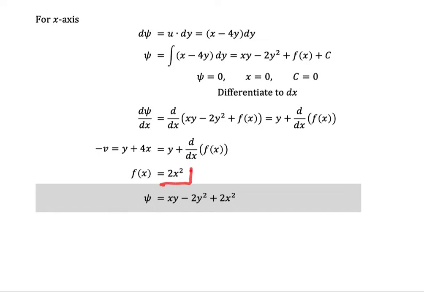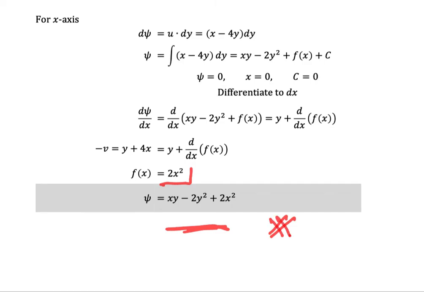And then we could complete the equation as you could see from the slide here. So psi is equal to xy minus 2y squared plus 2x squared. This is the stream function for only one streamline.